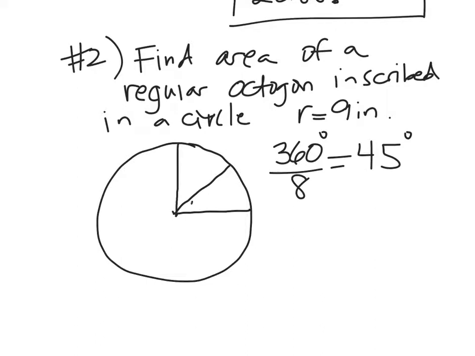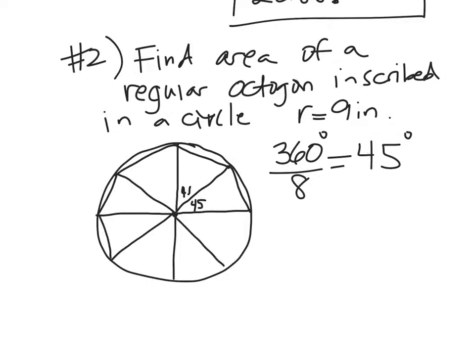These are all going to be 45 degrees, and that's going to make my octagon that's inscribed in here. I wish I was a little bit better of a drawer, but this is okay. Do you see the octagon inscribed in this circle? Yes. Good. So these are all 45 degrees.